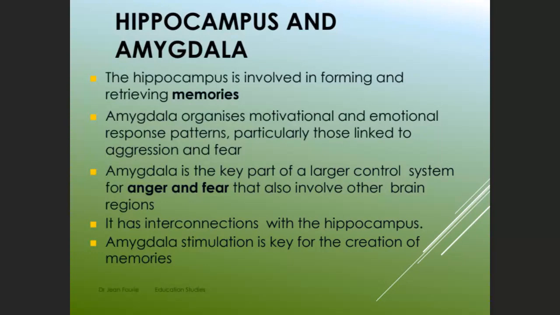So the amygdala is a key part of a larger control system for anger and fear, and also coordinates this with other parts of the brain. So there are interconnections with the hippocampus, and the amygdala is the stimulation for creation of these memories associated with all our emotional behaviors.